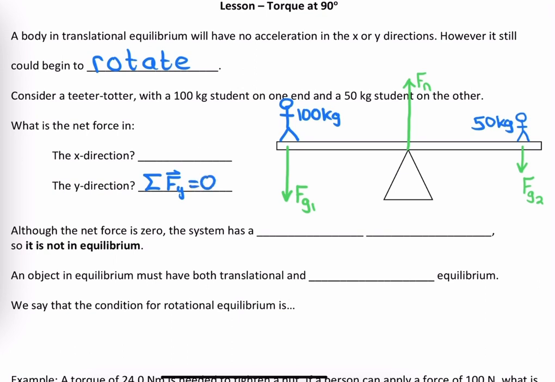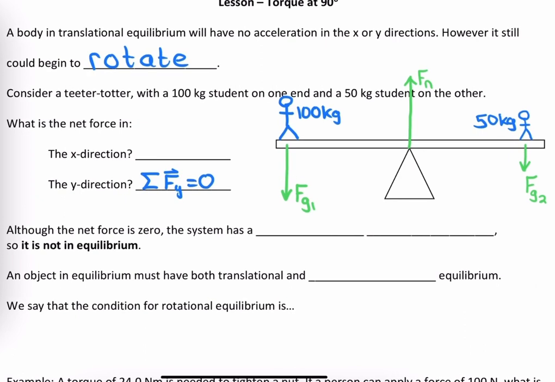Now, we can say the same thing is probably going to be true in the x direction. Teeter-totters don't start to suddenly accelerate to the left or to the right and shoot off across the playground. They stay in one place. So they're at rest, and they stay at rest in the x direction. So that means we can say the net force in the x direction is also equal to 0.